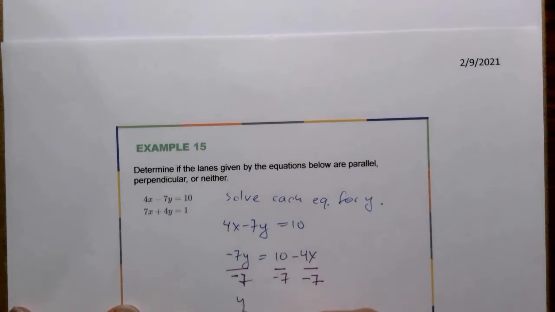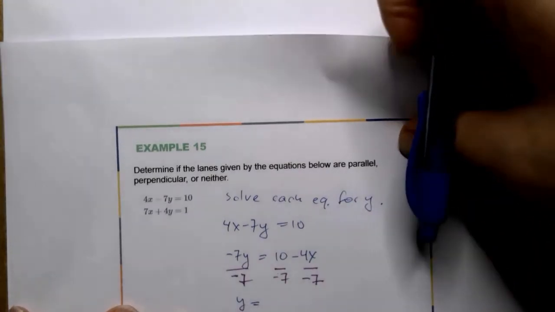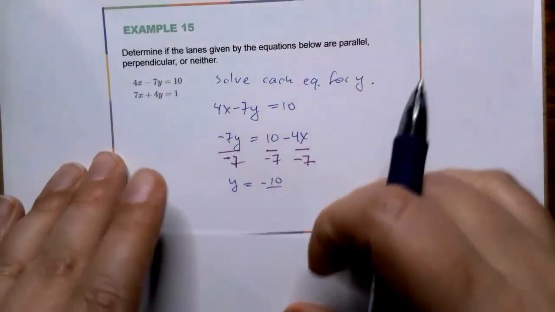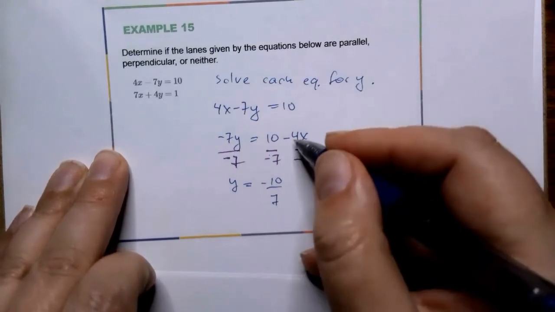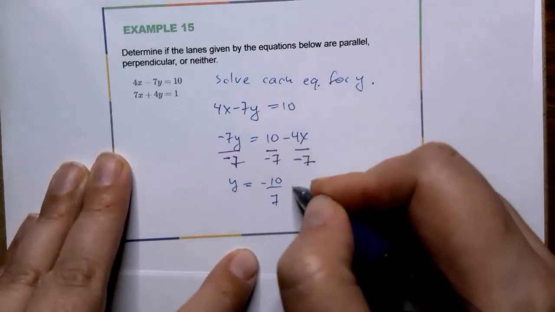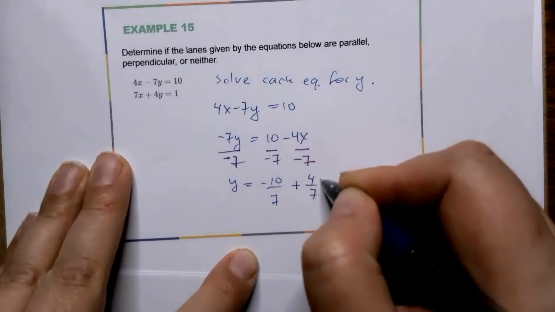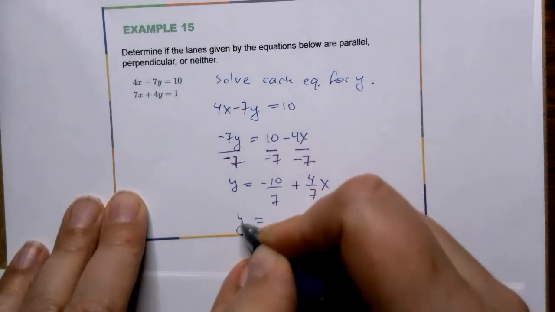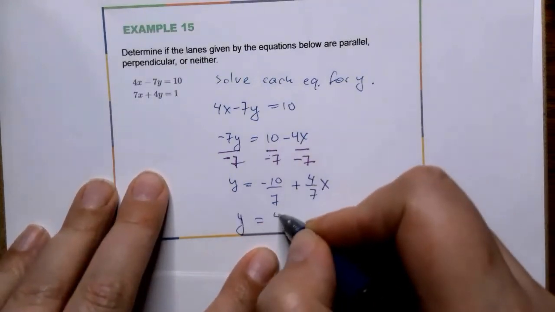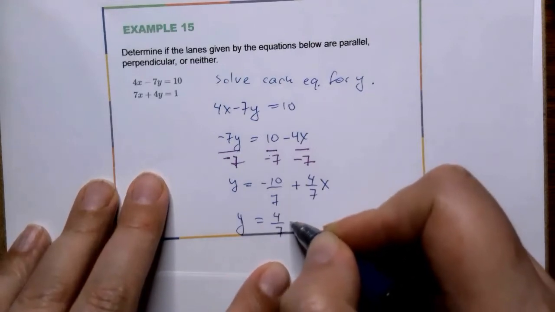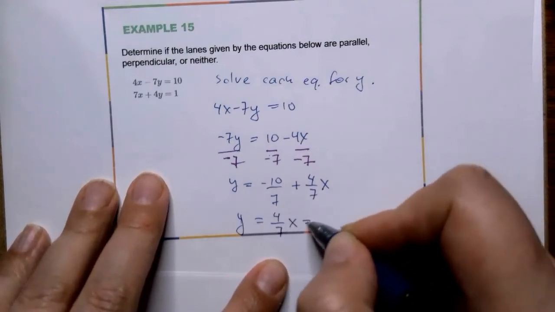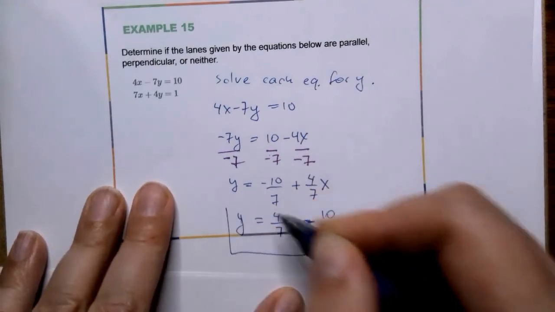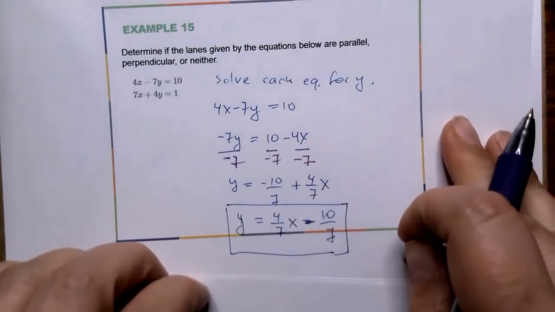So we get y equals negative 10 over 7, and then negative 4 by negative 7 is plus 4 over 7x. Or if we rewrite it in the form that we're used to seeing our equations, we put this term first. So y equals 4 over 7 x minus 10 over 7. So that's our equation of the first line in slope-intercept form.